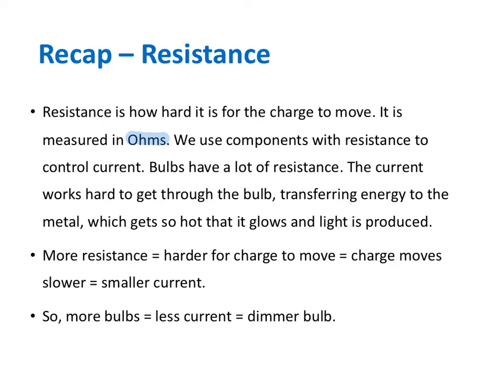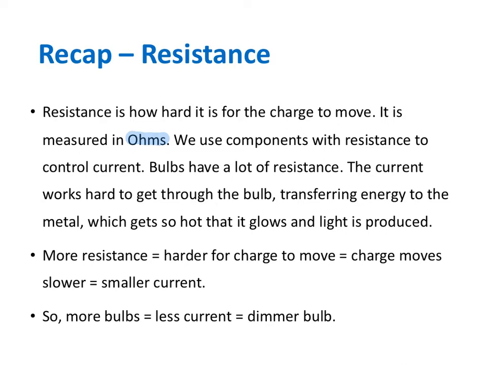Now, bulbs themselves, or lamps, they have a lot of resistance. They are effectively resistors. So what happens there is the current works really hard to get through. And in doing so, it transfers a lot of energy to the metal that is at the sort of center of the bulb, or the filament that we sometimes talk about.